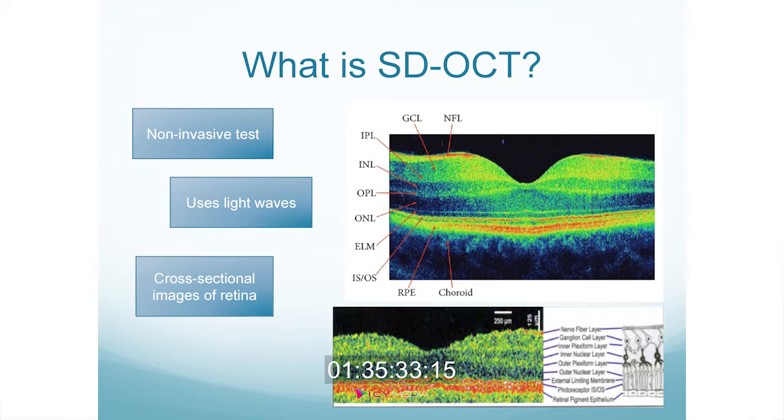You have your retinal pigment epithelium, which is your hyperreflective bands, and then your choroid. And we talked a lot about in the previous webinars how different disease processes will affect different layers of the retina.